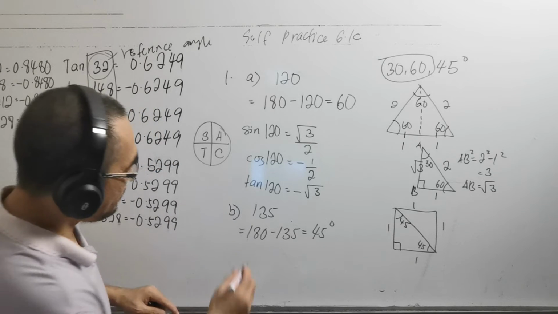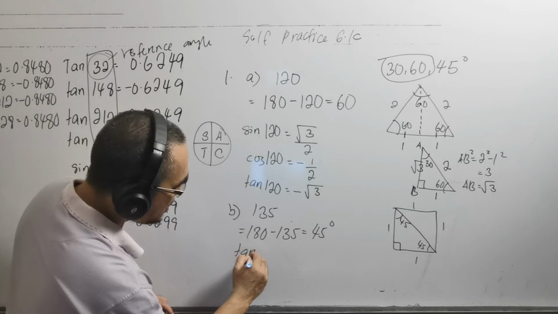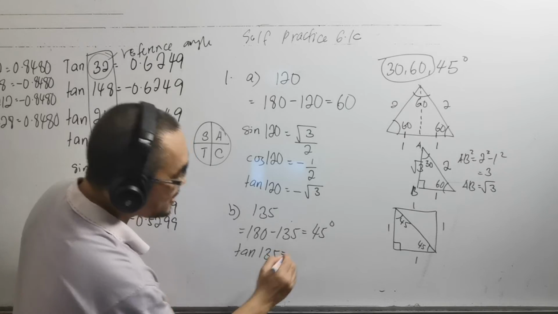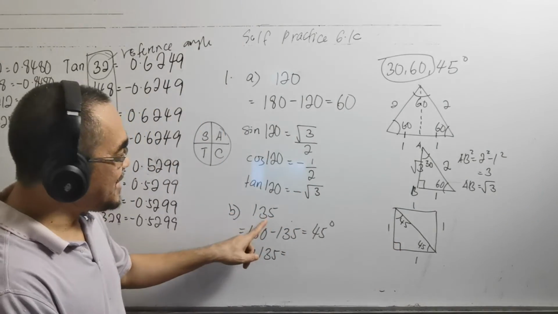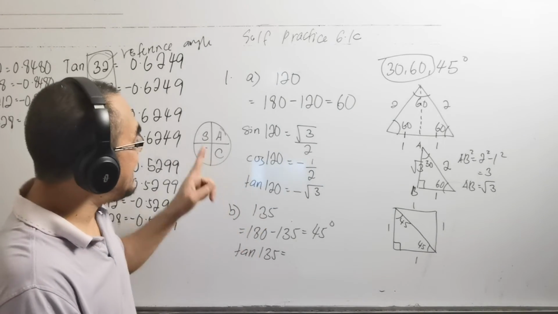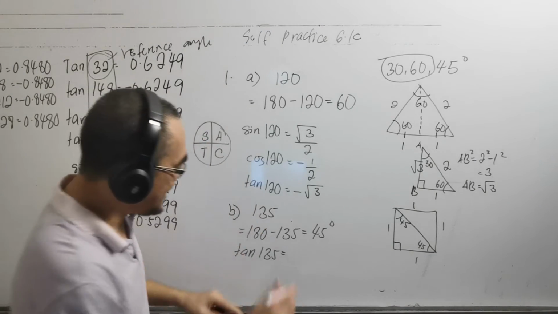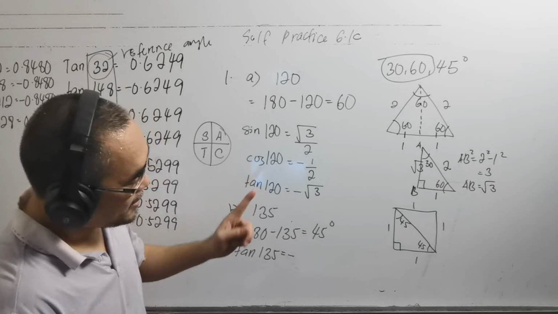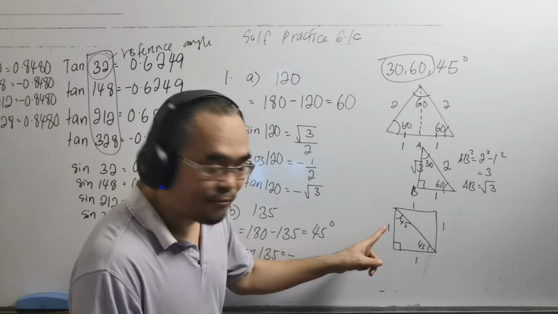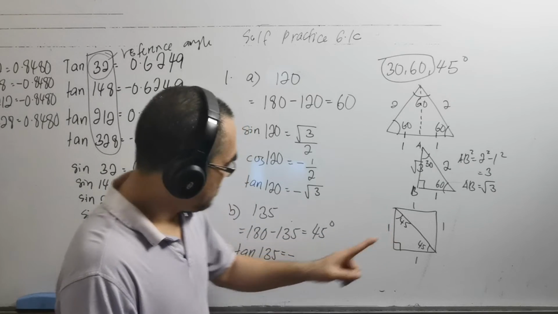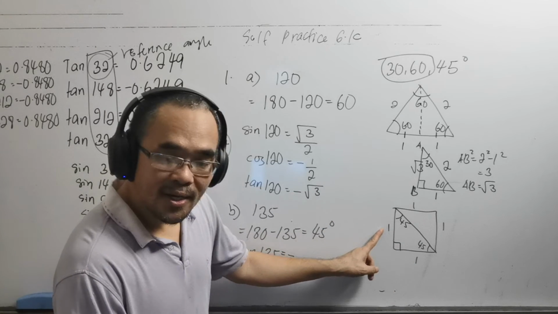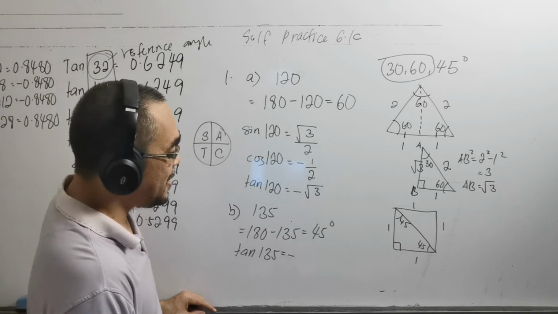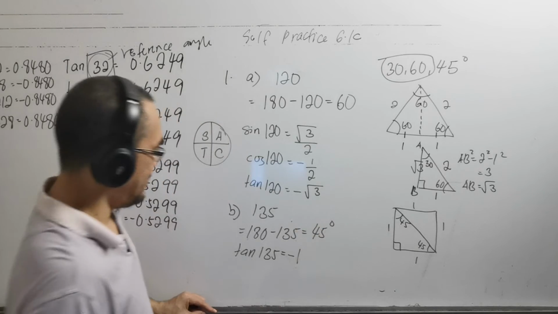So tangent 135: look at tangent 45. But since 135 is in the second quadrant, it is negative. Tangent will be opposite over adjacent, which is 1.